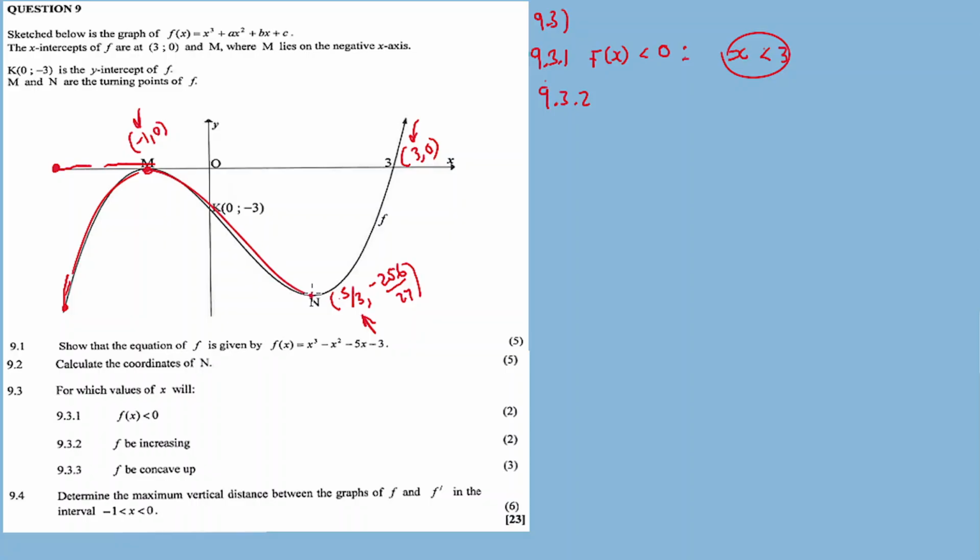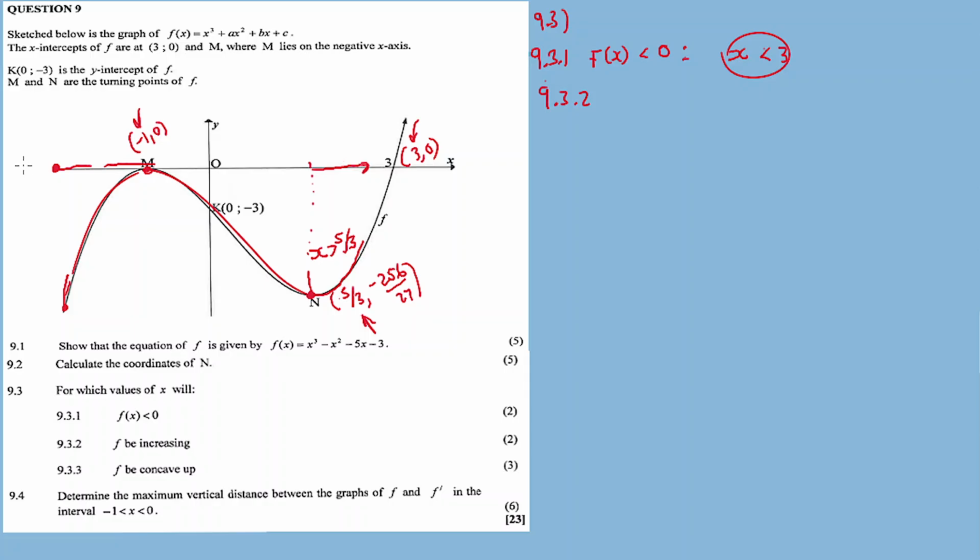When it arrives at n, it starts increasing. So in other words, if x is greater than 5/3, going to the right from x equal to 5/3, the graph is increasing.